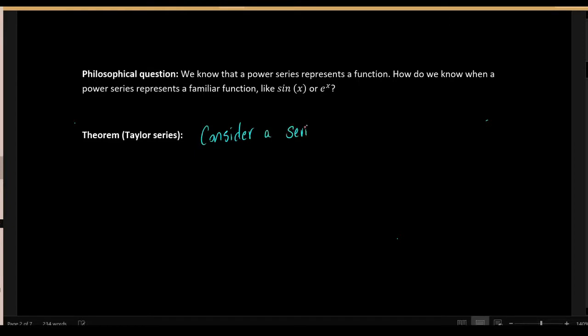Consider a power series, sum as n goes from 0 to infinity of some coefficient times x minus a to the power n. This is a power series centered at a.